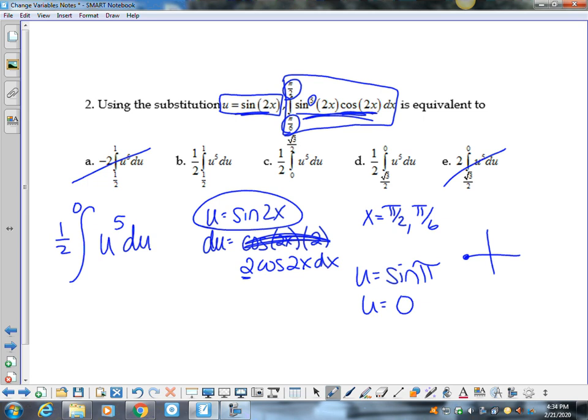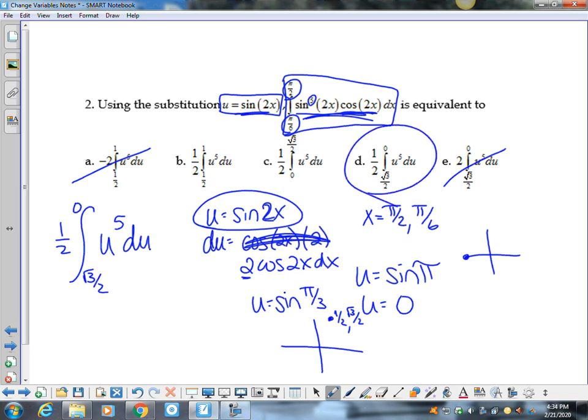Now I'm going to do pi over 6. u equals sine of 2 times pi over 6, which is pi over 3. Pi over 3 is the tall one, and that's root 3 over 2. There he is.